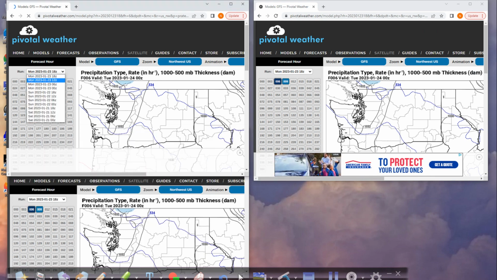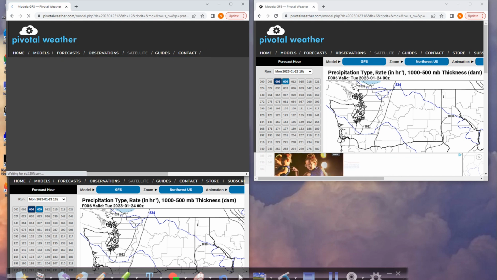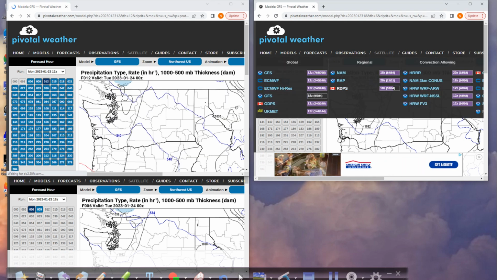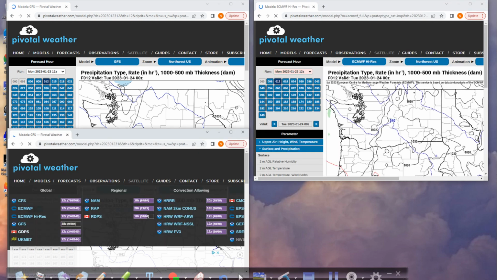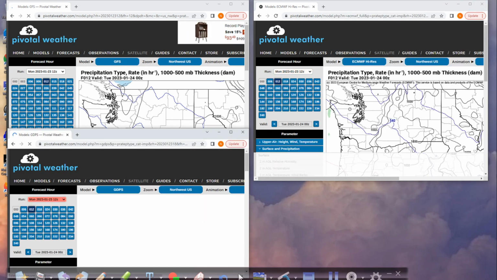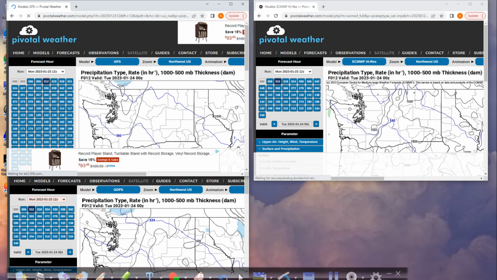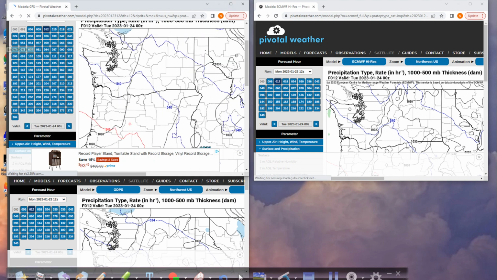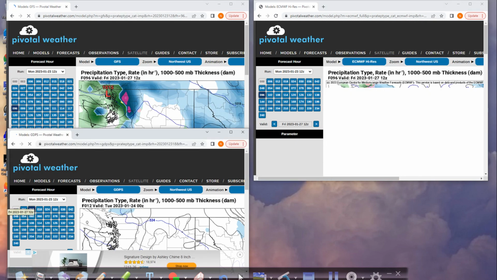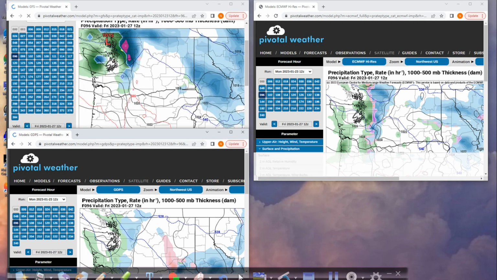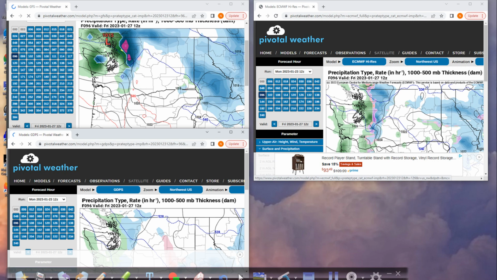The GFS model, actually the afternoon model just started to run, so I'm going to the morning model, and I'm going to the European on the upper right and the Canadian on the lower left. So let's see what they show for precipitation. I'm going to fast forward to Friday morning because it's basically going to be dry until then. On Friday morning, the U.S. model forecasts some rain starting to come into Washington.